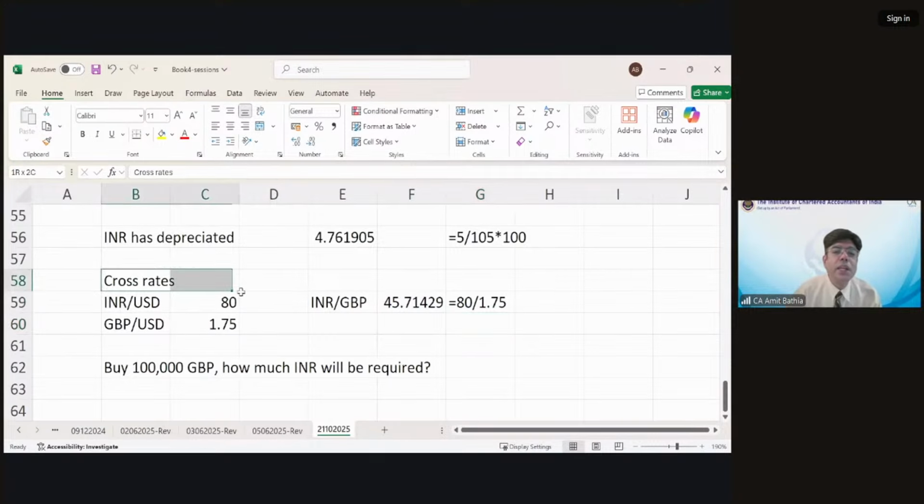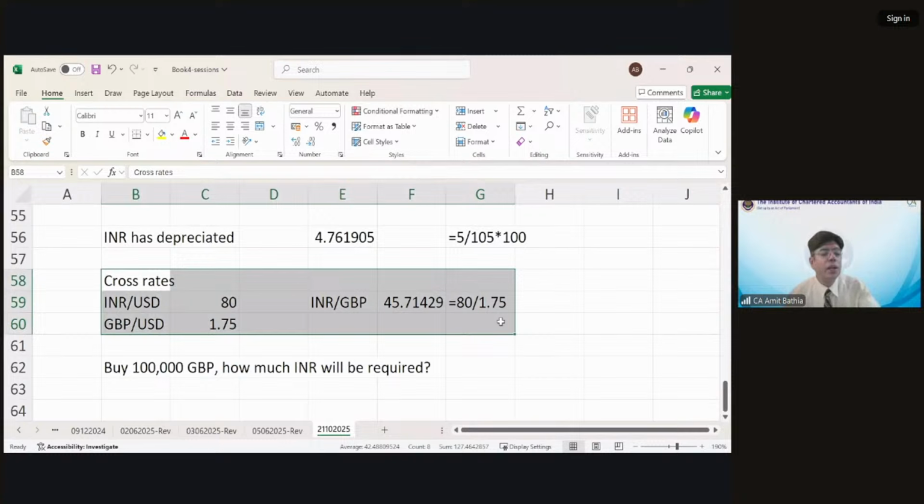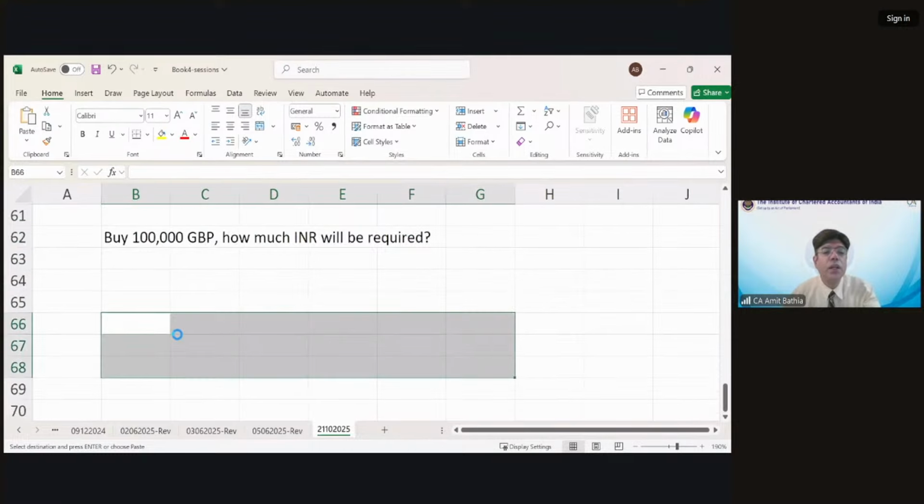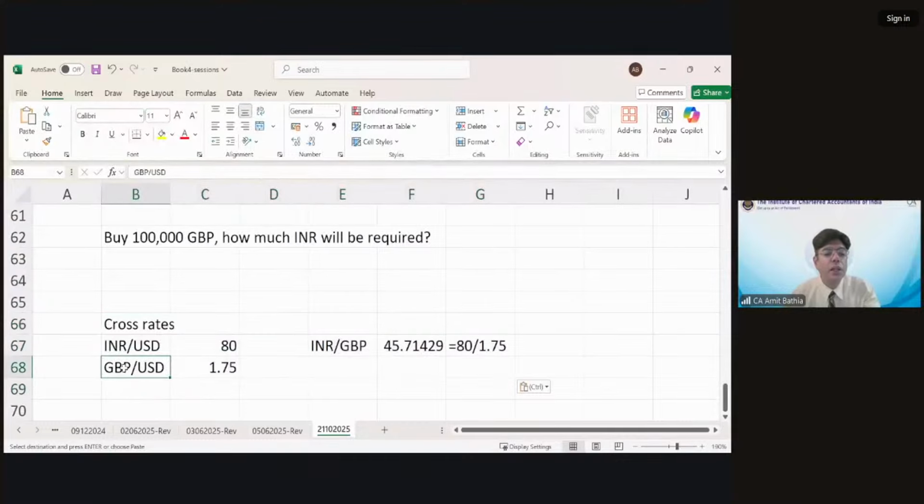Now let me change the same rate slightly differently. Say I change this rate the other way around: it is USD upon GBP. Now can the same calculation still stand?